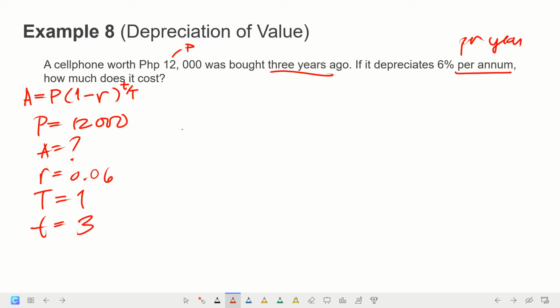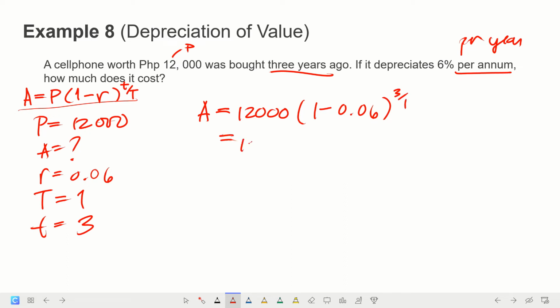Okay, so, let us now substitute our equation with our given, and then evaluate the function. So, A is equal to 12,000 times 1 minus 0.06 raised to 3 divided by 1.